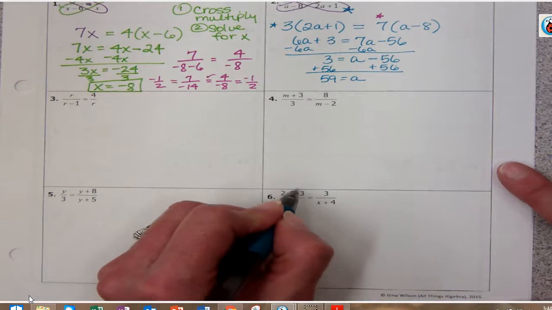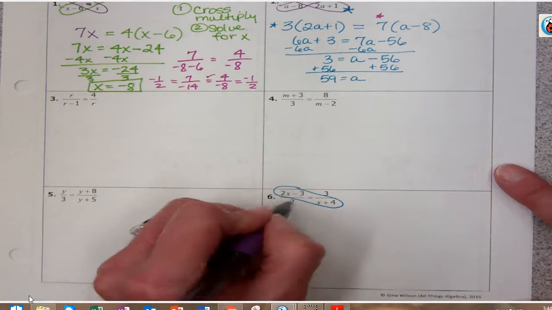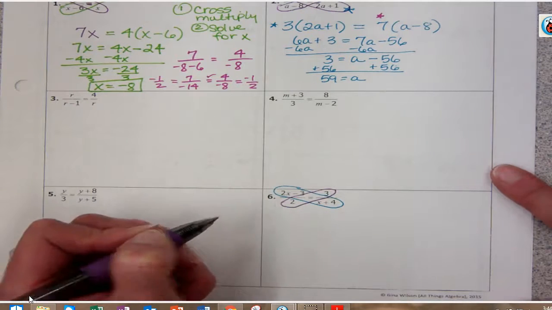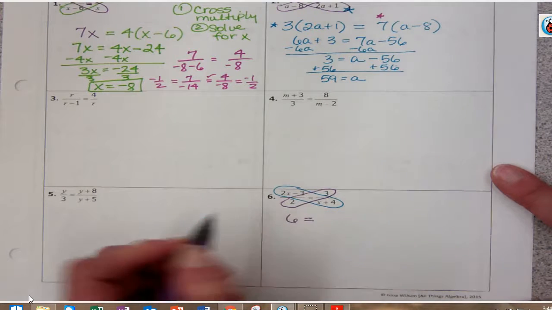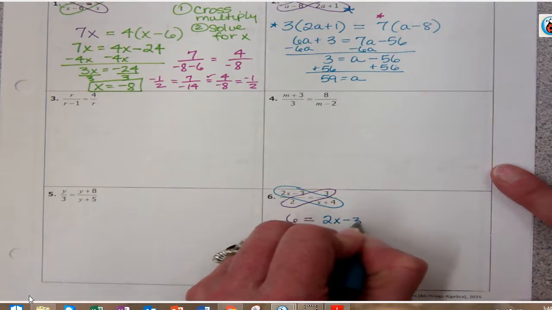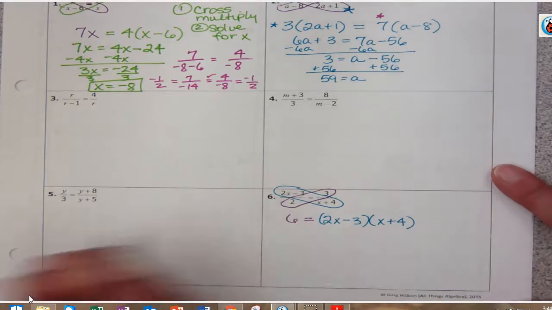I'm going to cross multiply these two, and then cross multiply these two. Okay, so when I multiply 2 times 3, I'm going to get 6 equals. Now I'm multiplying 2x minus 3 times x plus 4.